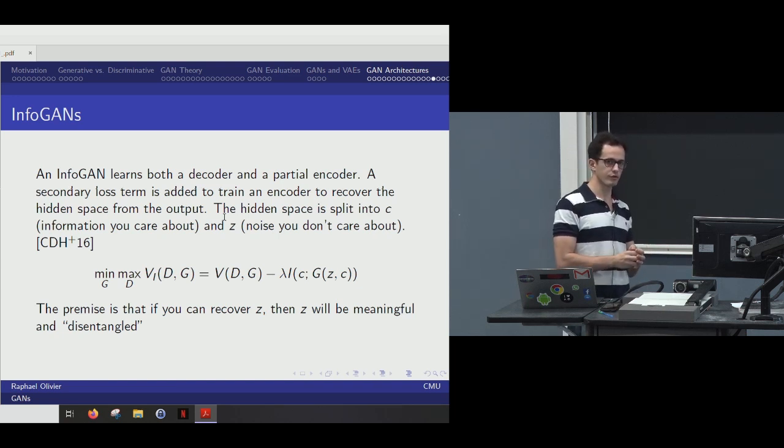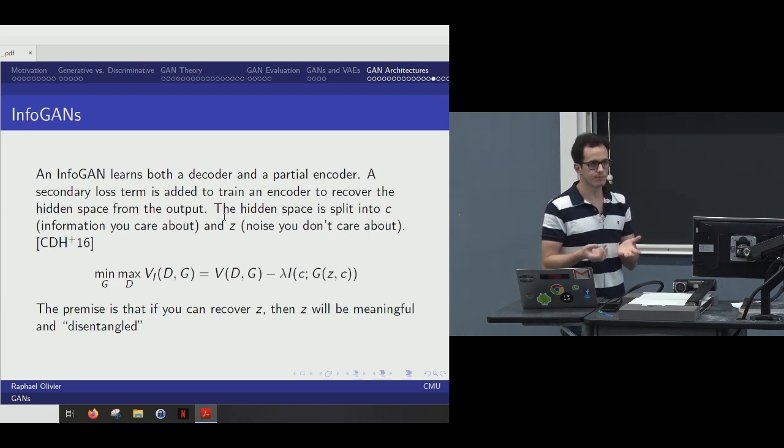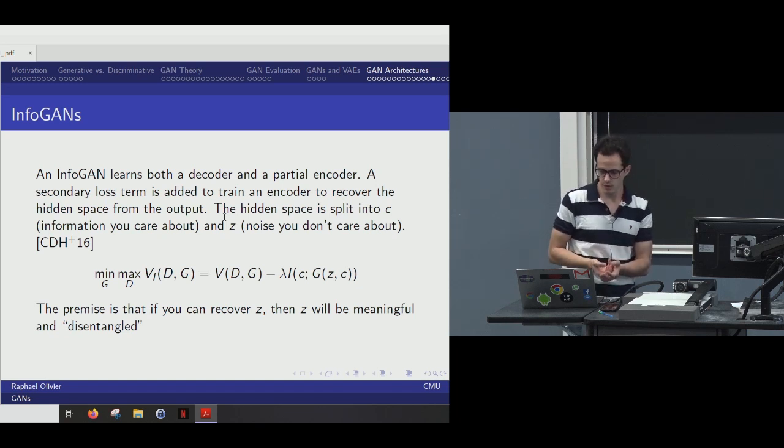But for you to have a good latent representation, you're actually going to have like a 100 or 200 dimensional Z that you need to generate something that's good. But in these 200 latent dimensions, maybe 10 might represent something that's useful.